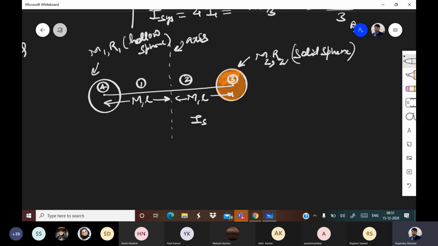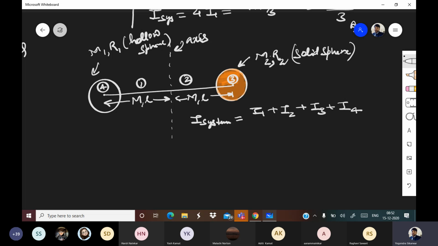So I system is equal to I1 plus I2 plus I3 plus I4. Okay. So these are the four parts for which we need to find moment of inertia.